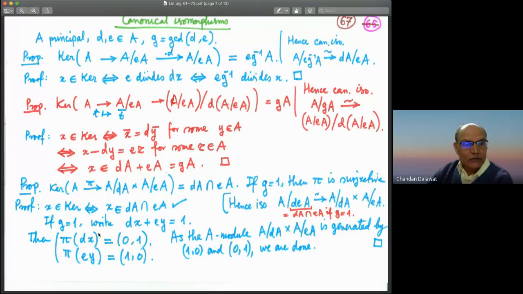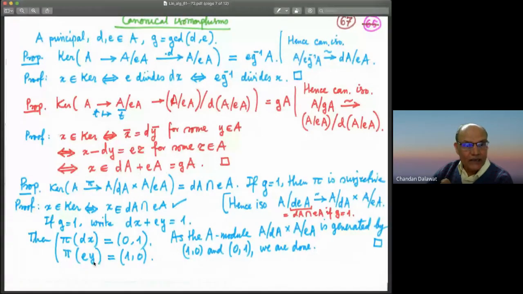Now let's look at the image of the element DX. DX is certainly equal to 0 modulo D, and modulo E, DX is equal to 1 minus EY, but EY is congruent to 0 modulo E. So DX is congruent to 1 modulo E.